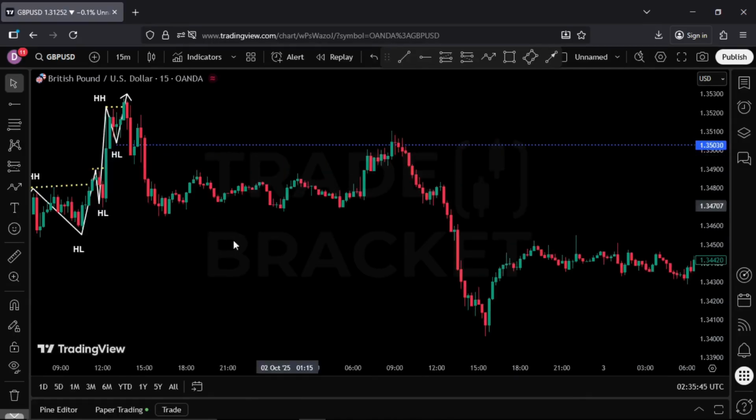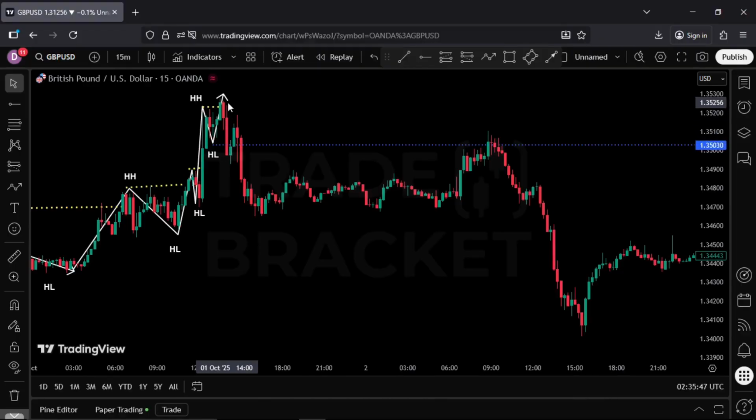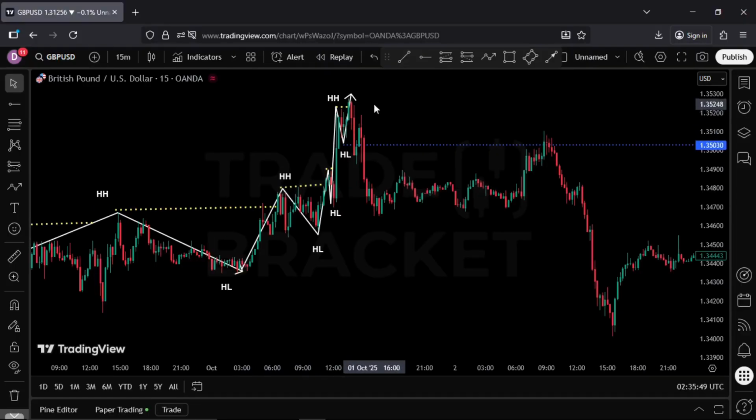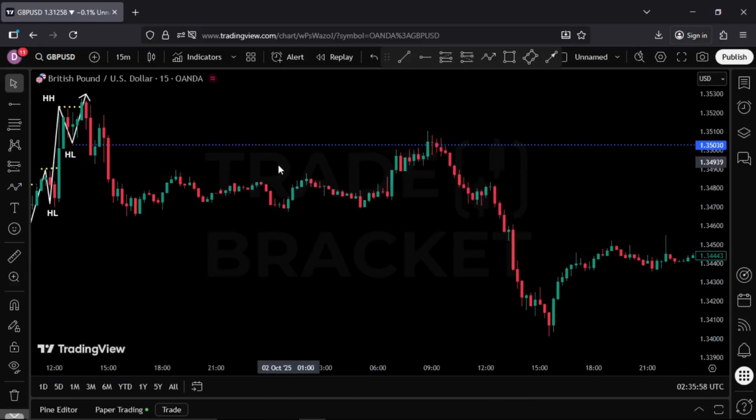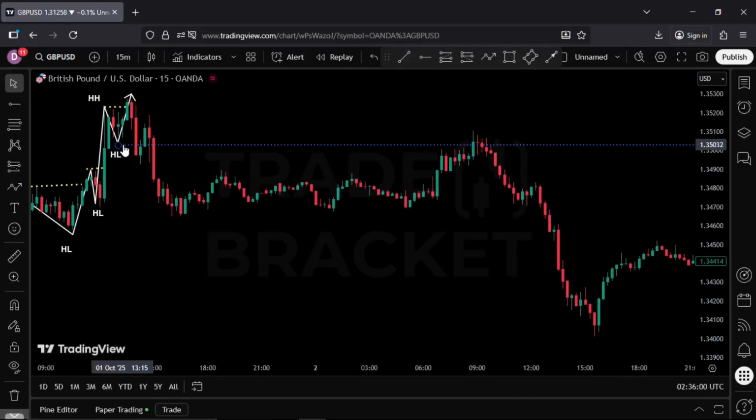So if you check your charts after another 6 hour interval and price was right here, you will go ahead and mark your market structure. Then this will be your last higher low, and this is where you will place your alert. Let me go ahead and place the alert right now.